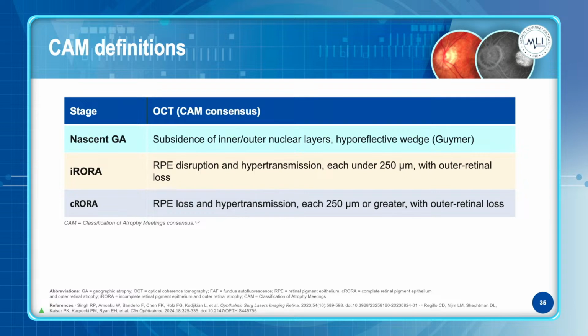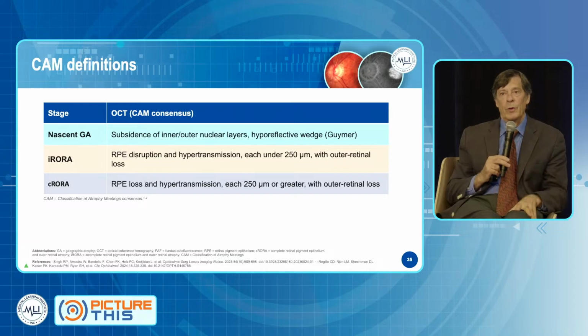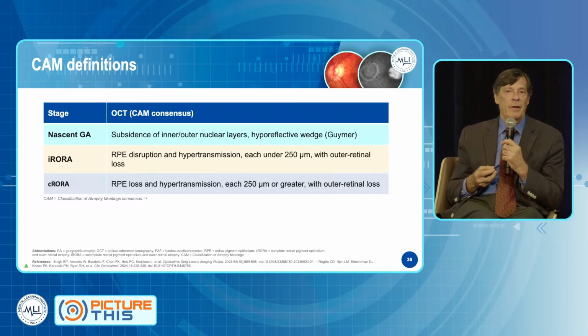You hear the term iRORA, which means incomplete RPE and outer retinal atrophy, and then cRORA, which is complete RPE and outer retinal atrophy. So what's the difference between the two? It's really a matter of the magnitude of the size of the lesion. And when we were deciding on how big a lesion we would use to call the OCT correlate cRORA, we tried to, and this was just empirical, decide what width we think that people could reproducibly measure and say that's atrophy.